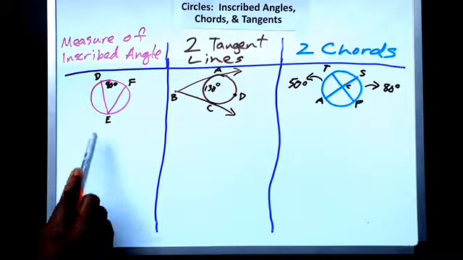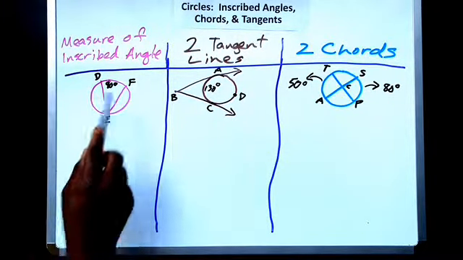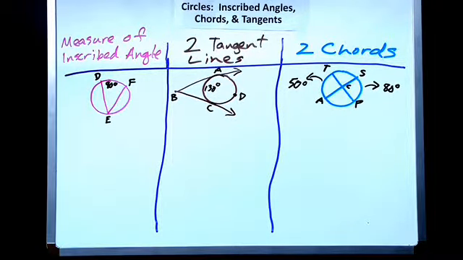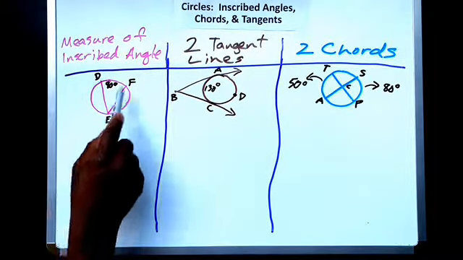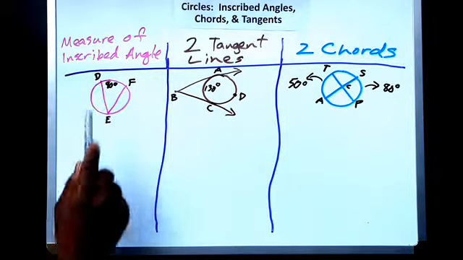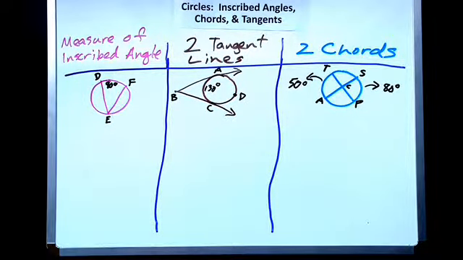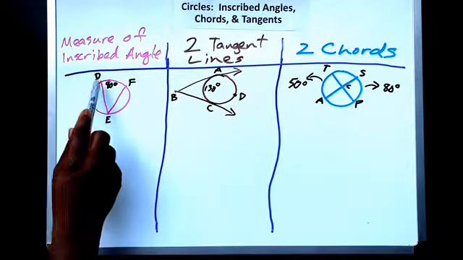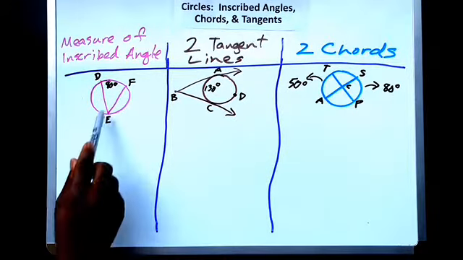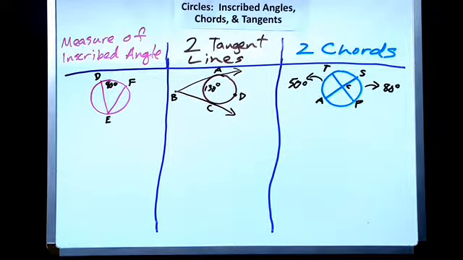That is your definition of an inscribed angle. An angle formed by two line segments whose endpoints are on the edges of the circle, forming a vertex on the edge of the circle.